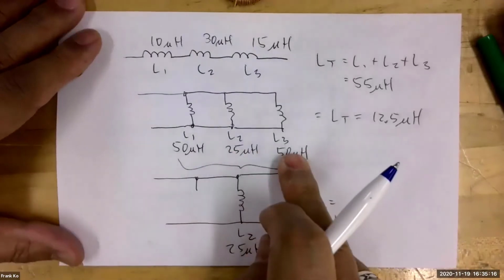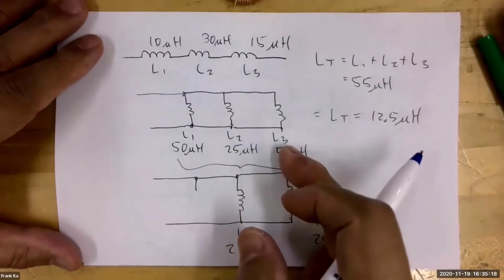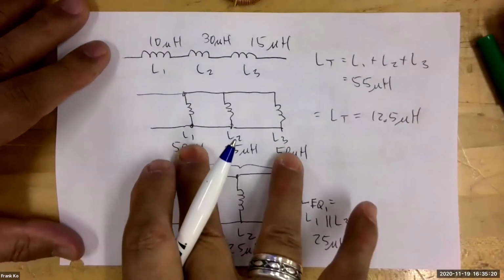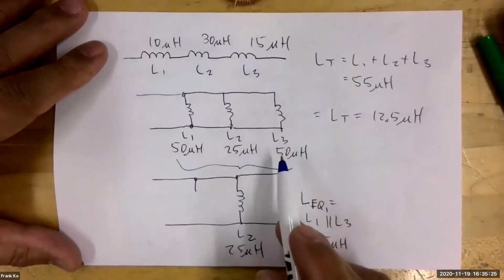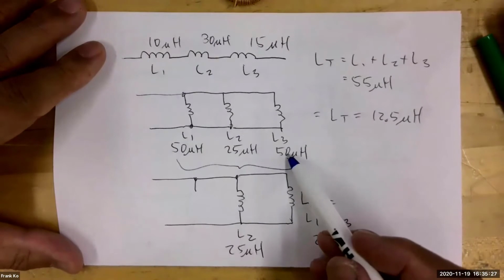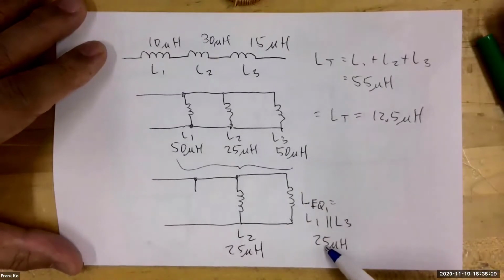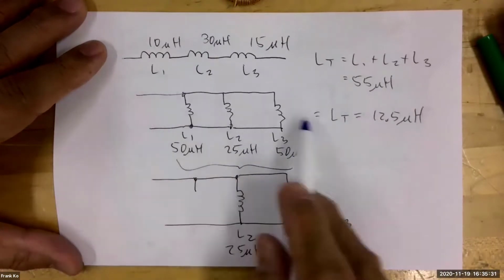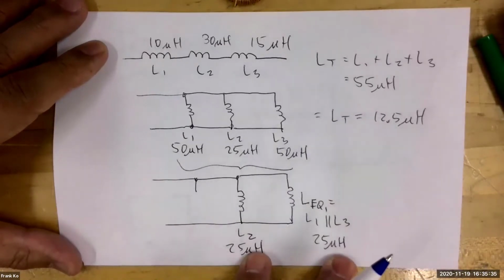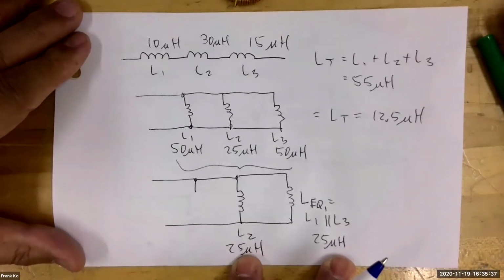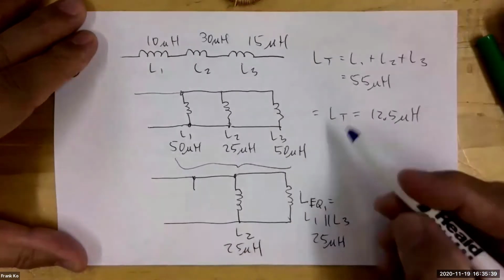A pair of those: take that value and divide by the number of devices that share that value, which is 2. 50 microhenries divided by 2 is 25 microhenries. So now we've taken 3 coils and reduced it down to 2 coils. And because these two coincidentally happen to have the same value, guess what?